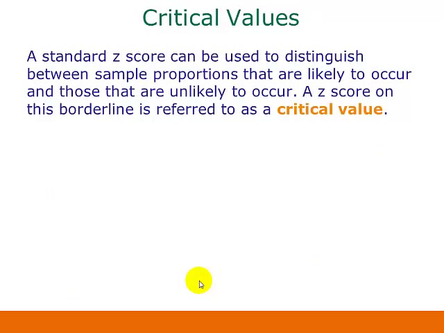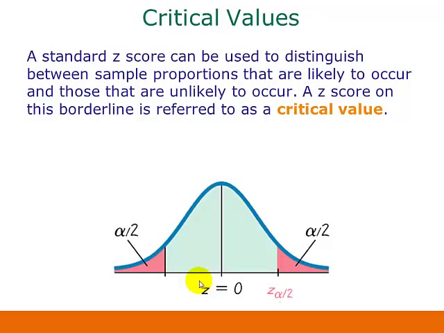Now, the way we use that fact is that we use a Z-score, which is from the standard normal distribution, to distinguish between sample proportions that are likely to occur and those that are unlikely to occur. A Z-score on the borderline between these two is referred to as a critical value. So here's a picture of our standard normal distribution.